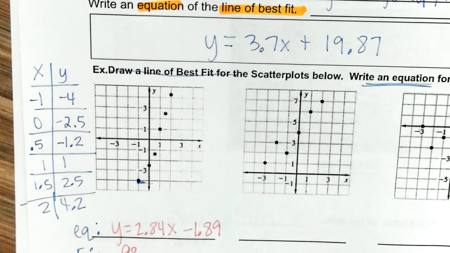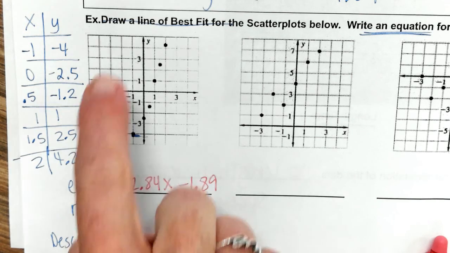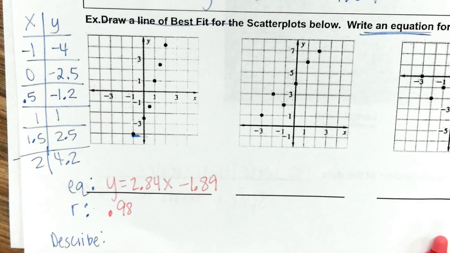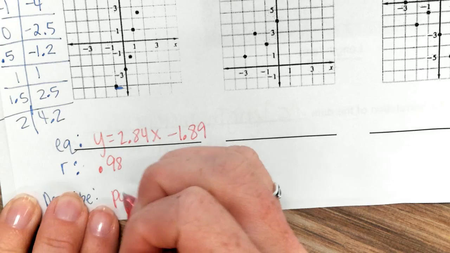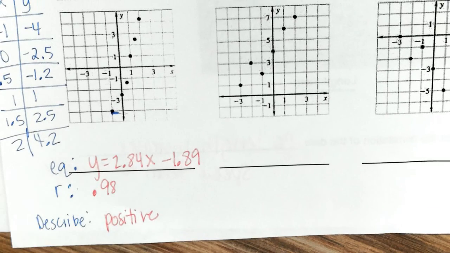So what is that telling us? It's a very strong positive. Why is it positive? Because the R is positive. It's a very strong positive relationship. And if you look at the graph, are those dots very close to making a straight line? Yes. Describe: positive. That's it. Do I need to do more of those, or y'all got that? Got it? Okay. Go to the back.